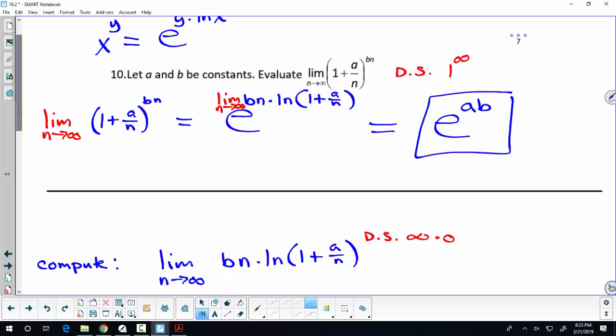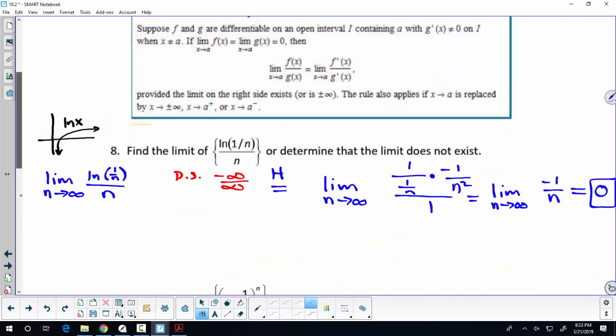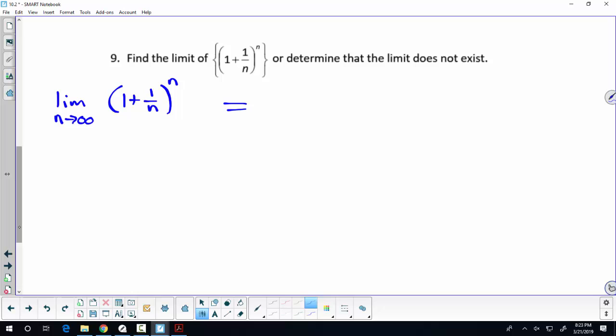So let's go back here. The 1 is always there. A and B could be different numbers. So 1 plus 1 over n to the n, A and B are both 1. So it'll be e, and so it's L.